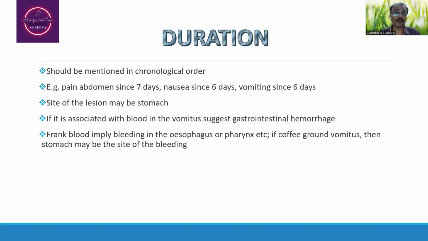If the person is suffering from pain abdomen since 7 days, later he is having nausea since 6 days, and immediately after nausea he is having vomiting, also since 6 days, that may indicate the probable site of the lesion may be at the stomach level, maybe at the gastric level.